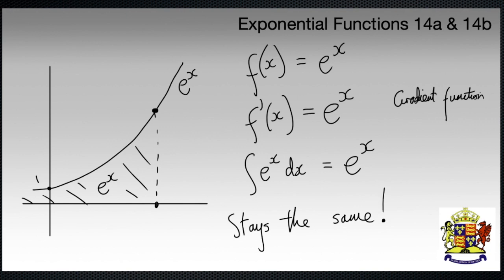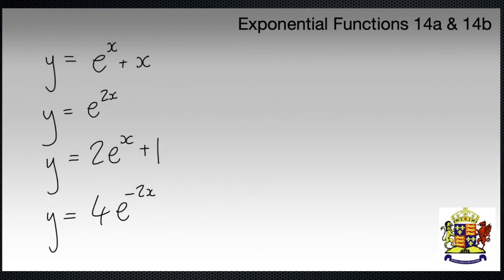And I'm going to give you a few examples of differentiating e to the x. So here are 4 exponential functions, including e, and we're going to differentiate them. For the first one, if I differentiate e to the x, I get e to the x. If I differentiate x, I get 1.